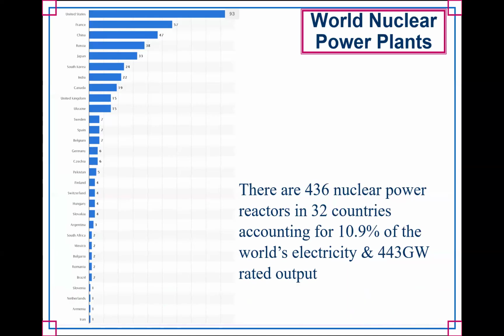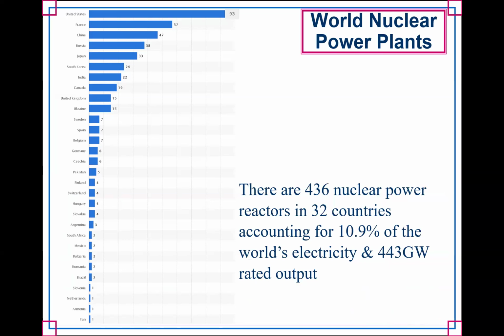Here is the numbers for nuclear power plants. So you can see the US has the most at 93. Then it's France. France, approximately 97 or 90 something percent of their power comes from nuclear power plants. They're not necessarily a natural resource rich country, so they have most of their power from nuclear. China is a big one.